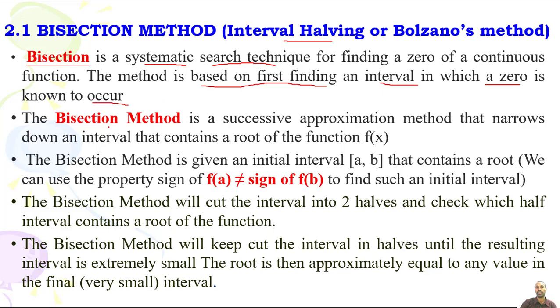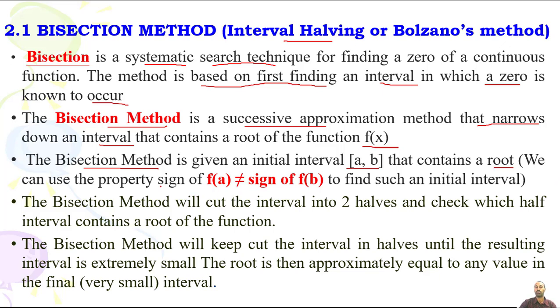So the bisection method is a successive approximation method that narrows down an interval that contains a root of the function f of x. So we will just approximate. The bisection method is given an initial interval, for example a comma b, where the function should be continuous within this interval that contains a root.